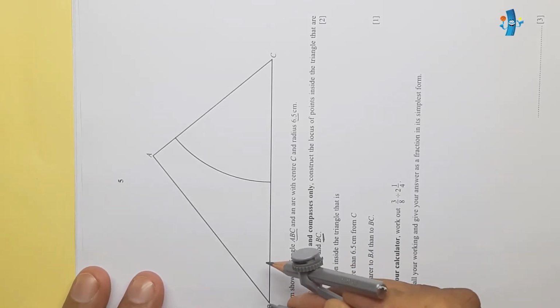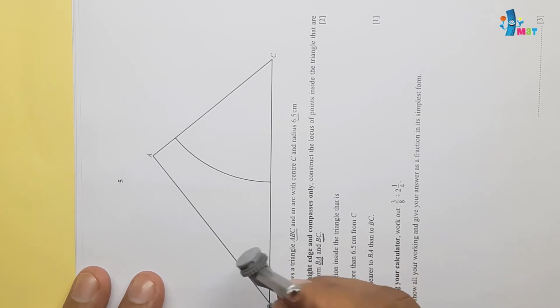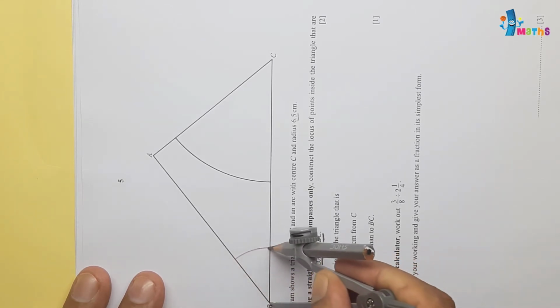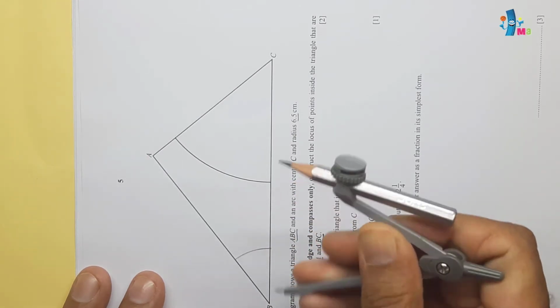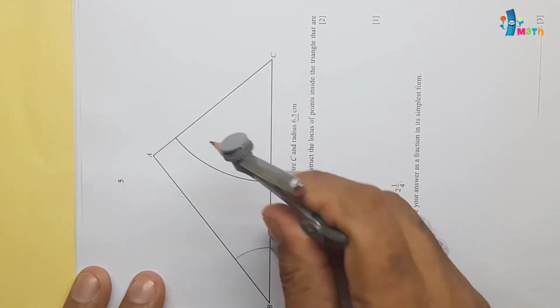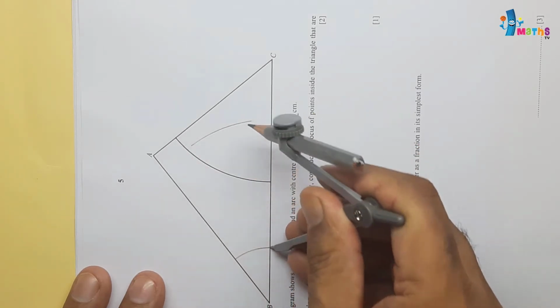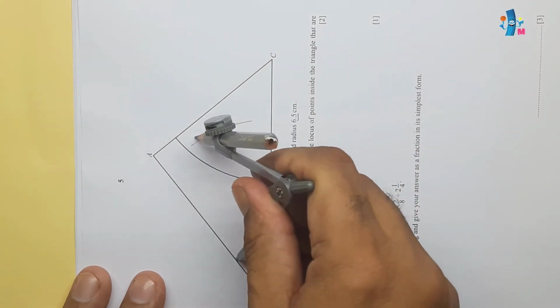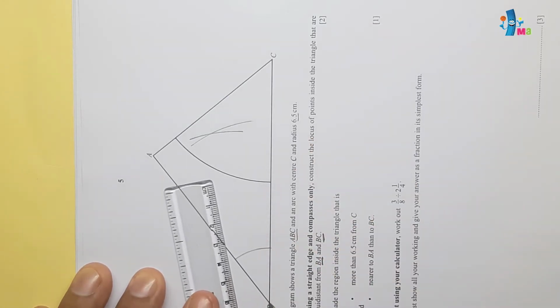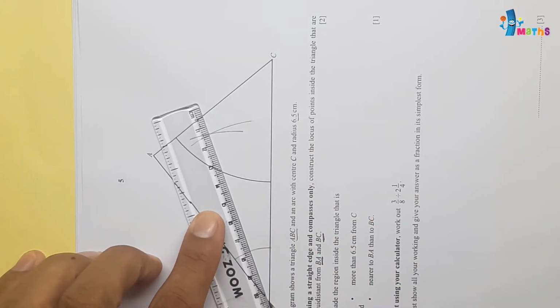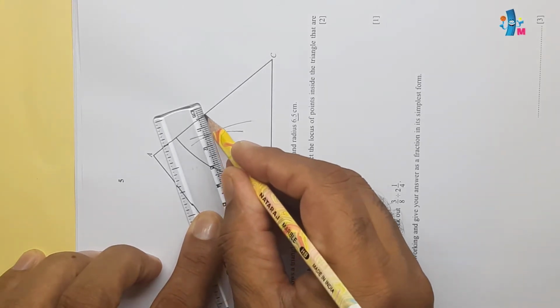Now we will be making an arc like this one, and after making an arc, we'll have to open this and make another arc like this, and from here also like this. So we got the point, which is the angle bisector. So the angle bisector we can draw over here, passing through this one.